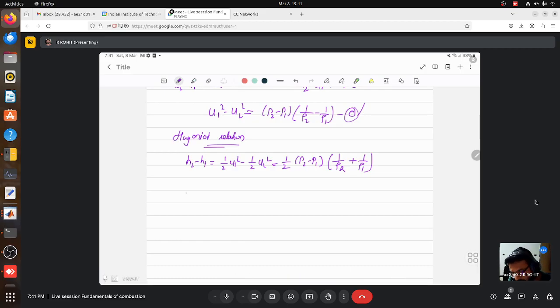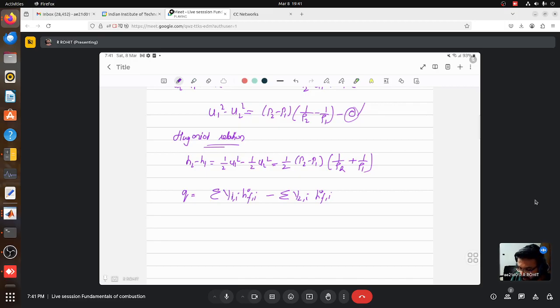So finally, the heat addition which is obtained can be written as a summation of the mass fraction of the species into the standard heat of formation, minus the summation over the reactants of the standard heat of formation. That is nothing but products minus reactants, but since it is the heat of combustion, you will have reactants minus products.